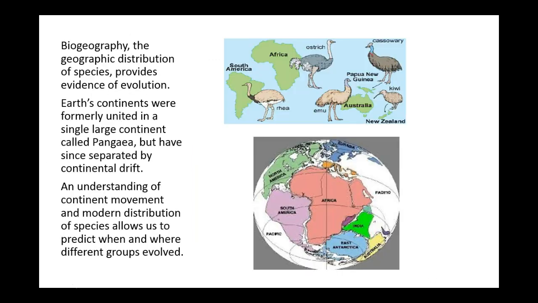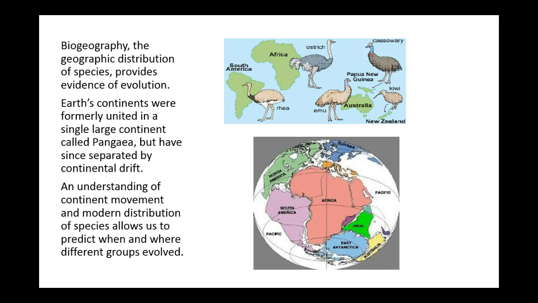And then the last couple of topics. You have biogeography: at one time the Earth's continents were all one big continent called Pangaea. They became separated by continental drift, and this separation accounts for the fact that different species have a related ancestor.